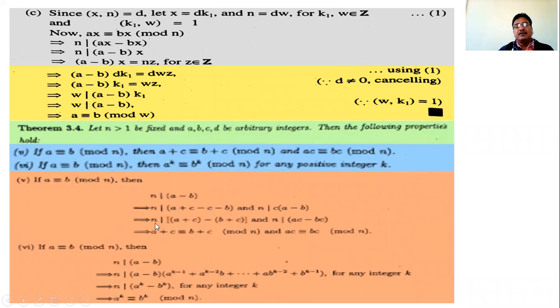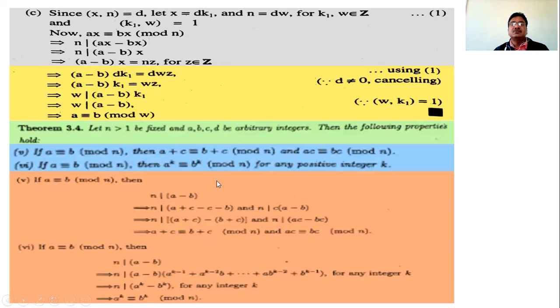Then n divides (a plus c) minus (b plus d), taking the minus sign common, and this implies a plus c is congruent to b plus d modulo n. So just add c, subtract c, and then take the minus sign common. This is one way of the proof.